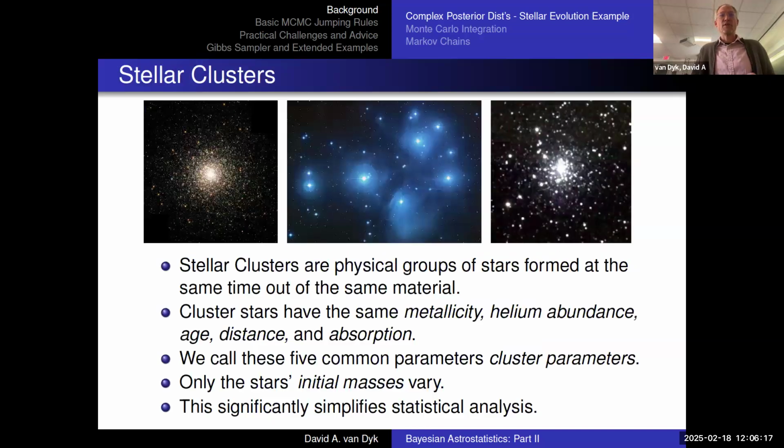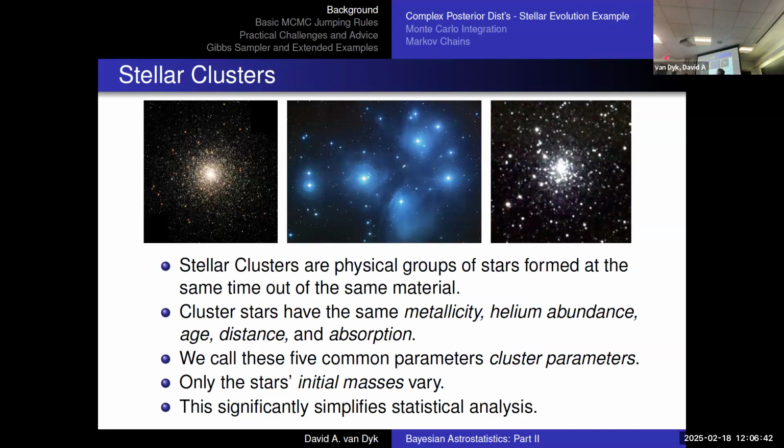We're going to be looking at clusters, and clusters are great from a scientific point of view, perhaps, but particularly from a statistical point of view, because the clusters all evolve together out of the same cloud, and that means that the stars in the clusters have a lot of things in common. Physical groups of stars formed together.